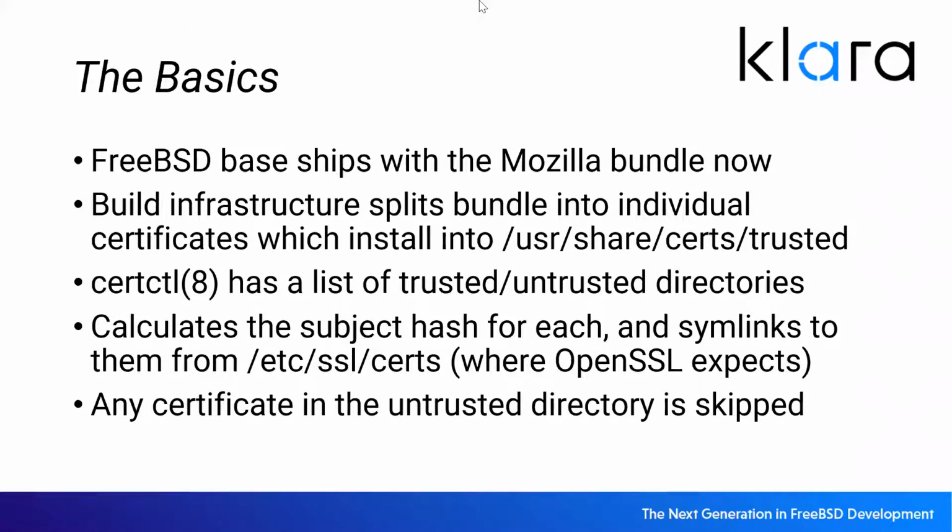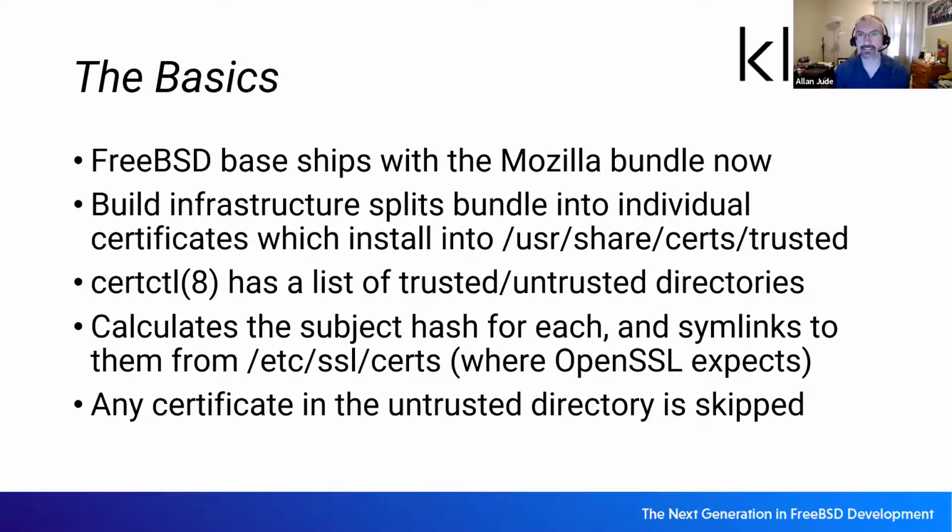Generally, what it does is, instead of having one single bundle file, it calculates a subject hash for each, which OpenSSL is looking for, and places them as symlinks into /etc/ssl/certs, so that OpenSSL then just works as long as it's properly configured.